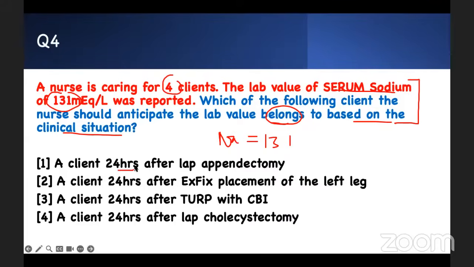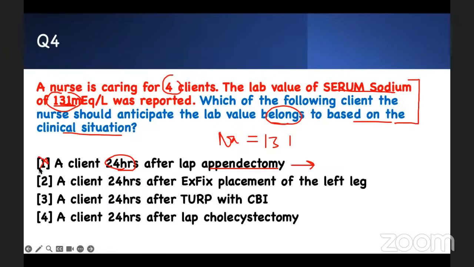The client 24 hours after appendectomy. Usually after you remove your appendix, you're already at home, you're eating. If you're lucky, unless something happened, but if it's 24 hours, he's in the hospital, probably he's eating, ready to go home. There's no way he's going to be getting fluid or something to cause hyponatremia.